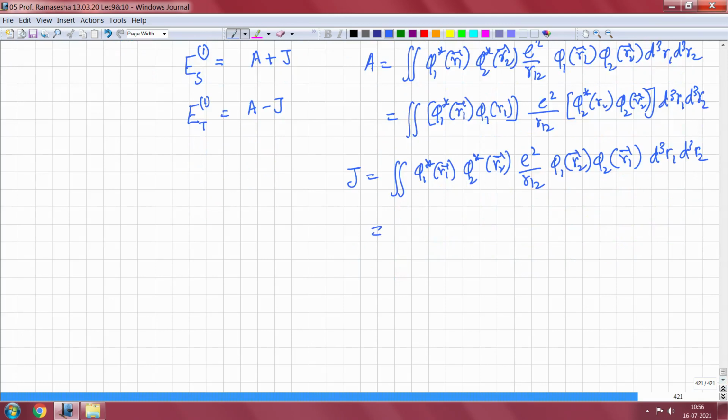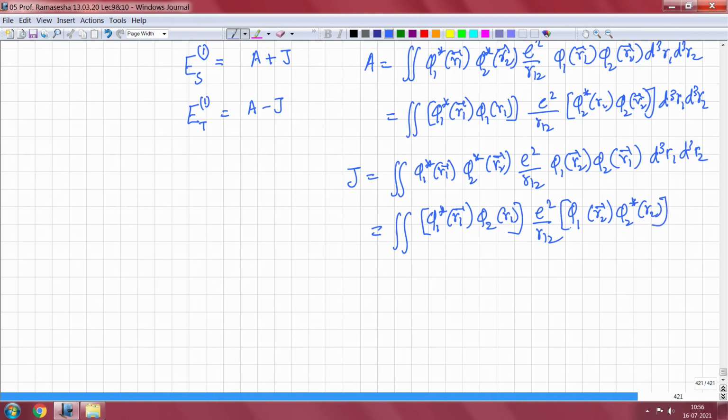Or if I write it in the chemist notation, then I can write it as phi1 star r1 phi2 r1, there is the electron density of electron 1, e squared upon r12 repelling the other one, which is phi1 r2 phi2 star r2, d cubed r1 d cubed r2. So you see that here I have what you call an overlap density.